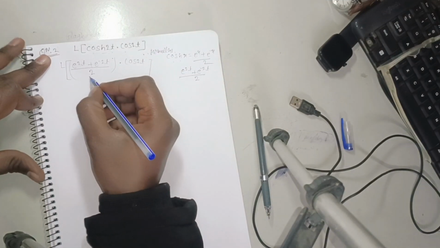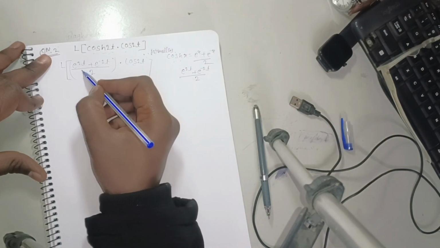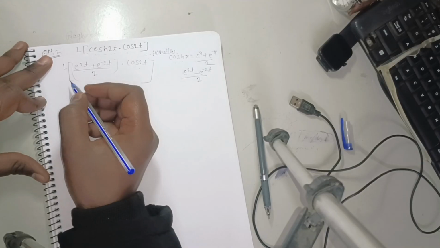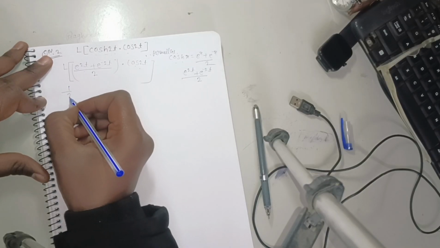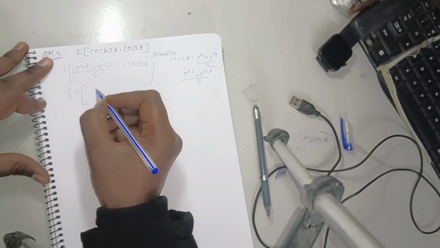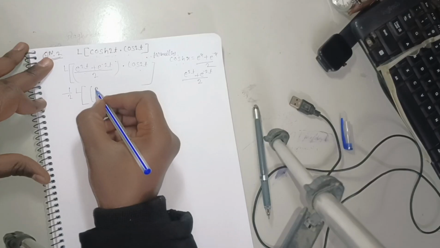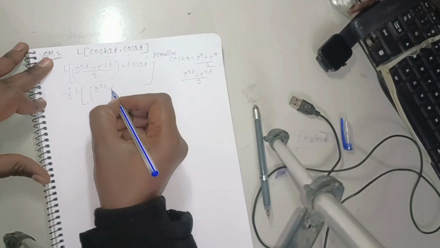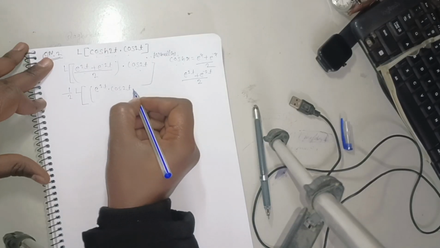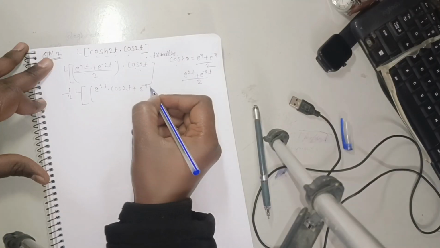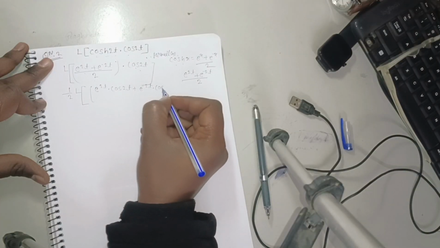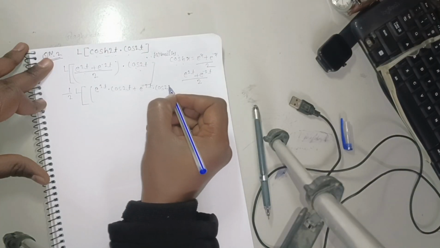Okay, so I can take 1 by 2 as common. So I will multiply e to the power 2t into cos 2t plus e to the power minus 2t into cos 2t.